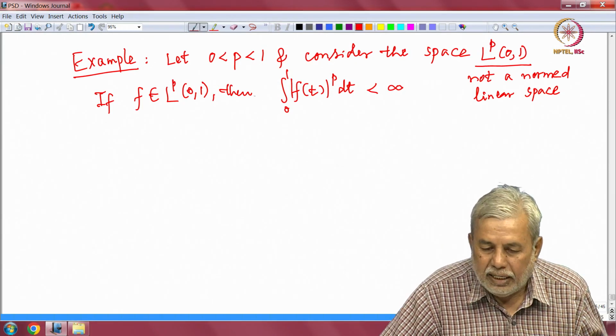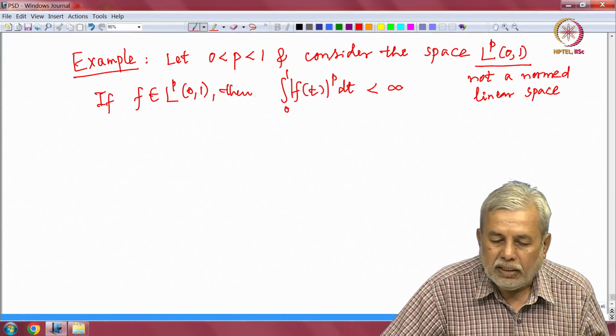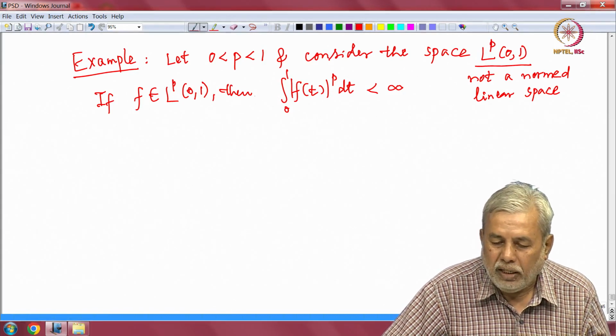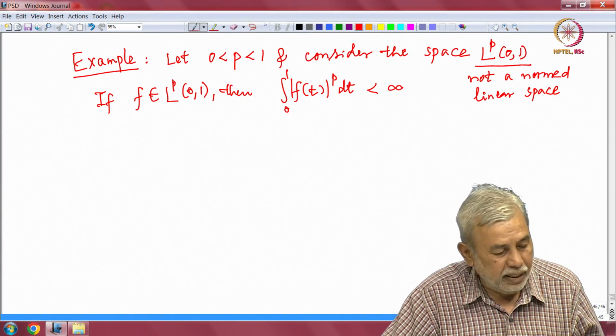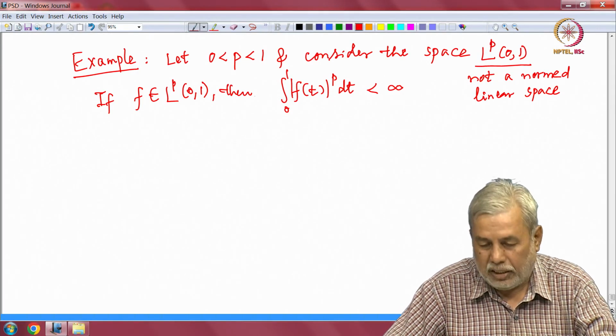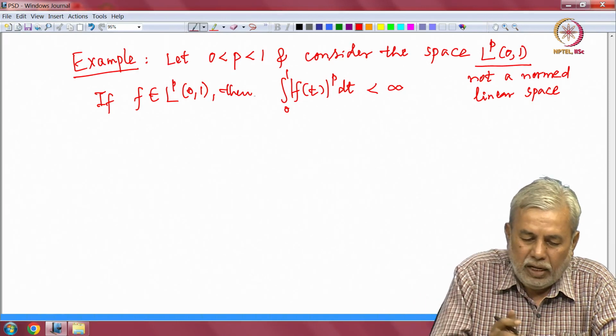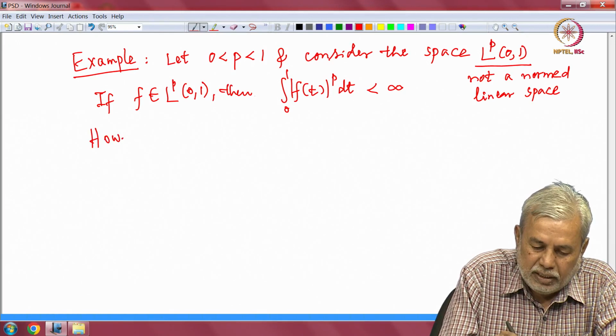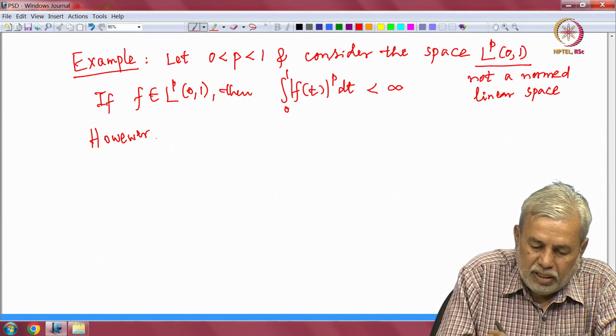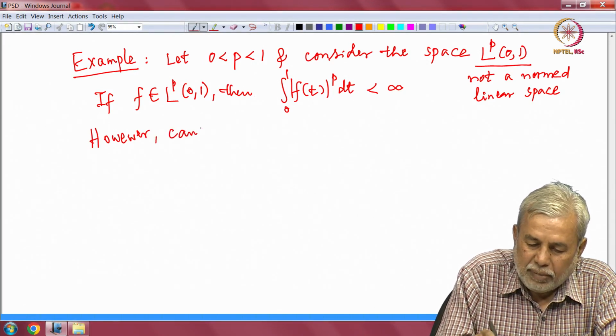So, unlike the case of p bigger than or equal to 1, you cannot just put 1 by p and try to show that that is a norm, and that is not true also. Okay. So, however, this is a metric space, we can introduce a metric.